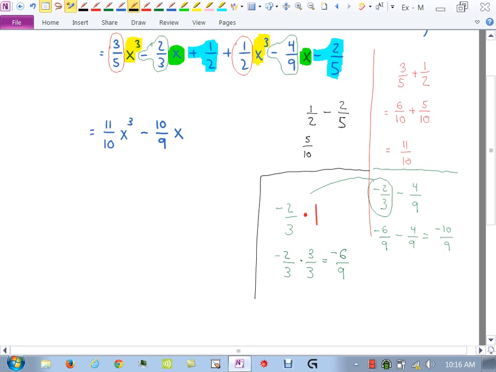So 5/10 minus, and then on the other one, to get a 10 on the bottom, I have to multiply top and bottom here by 2. So I get 4/10. And now you do 5, take away the 4, which is 1/10. So we get +1/10 or -1/10? +1/10. That is it. We're done with that one.